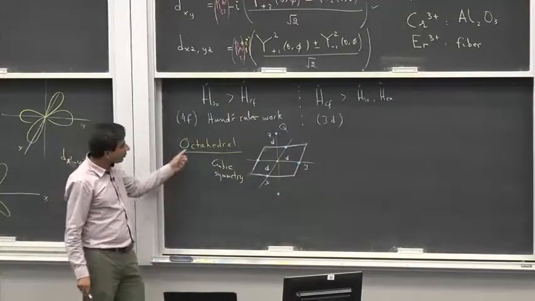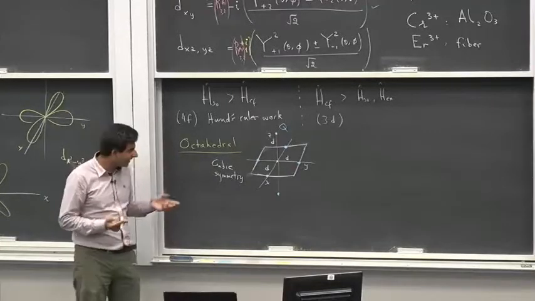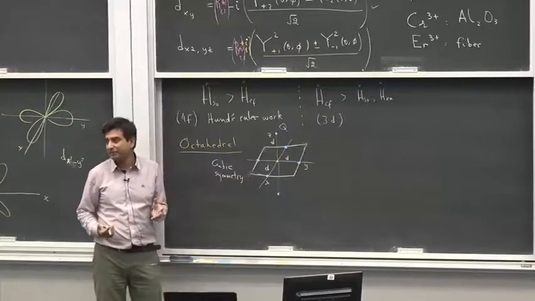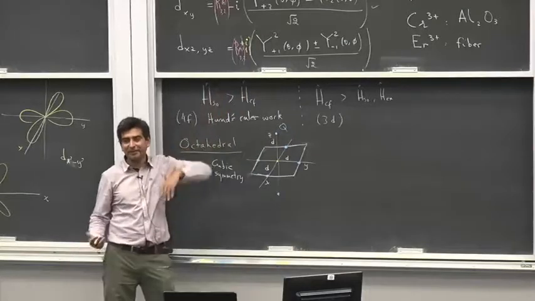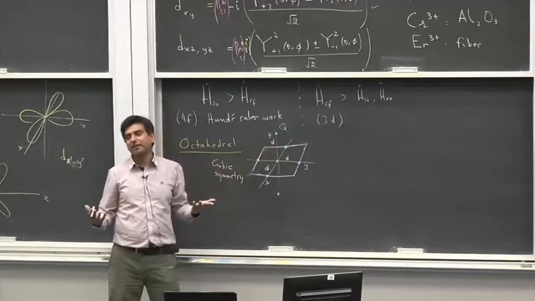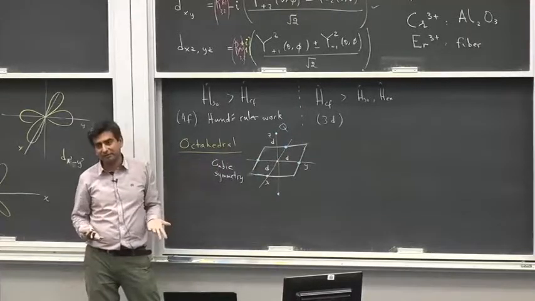The octahedral environment tells you the coordination, and it has cubic symmetry because each one of these distances is the same. It could be tetragonal, in which one of the distances is different. It could also be orthorhombic, in which all 3 kinds of distances are different. But let's assume a cubic symmetry octahedral environment.